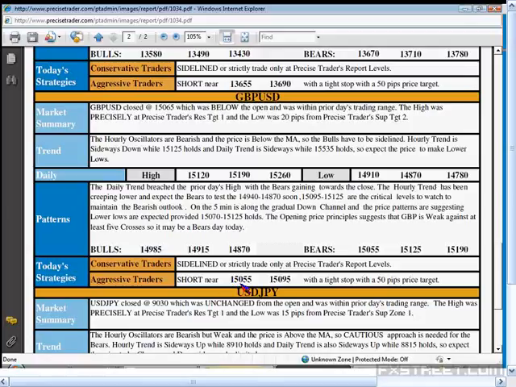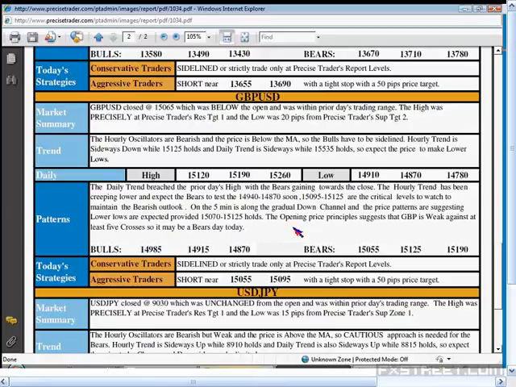But otherwise, if you see that the price reaches this level and turns down, then you can sell at this level and go for a 50 pips price target, right? So this is what is to be expected on this pound. That means overall, I am looking for a sell. So I should know where to sell, where to take my trade, entries, stop loss, and exit, and so forth.